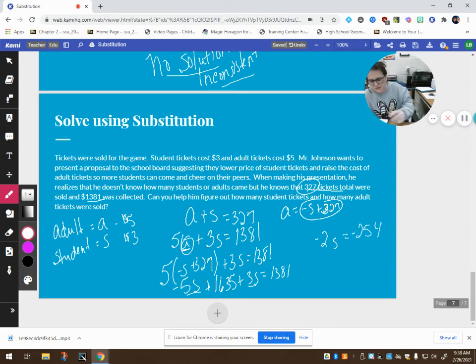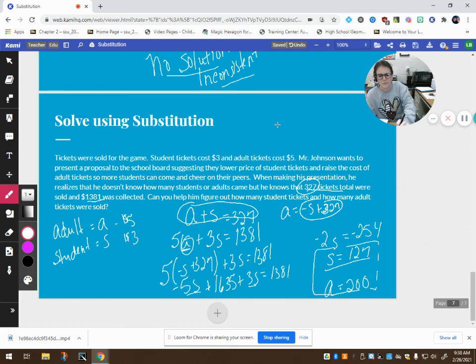Divide both sides by negative 2, and I end up with 127 student tickets were sold. So if we sold 127 student tickets, we can come back up here and quickly realize that there must have been 200 adult tickets sold, because 200 plus 127 equals 327.